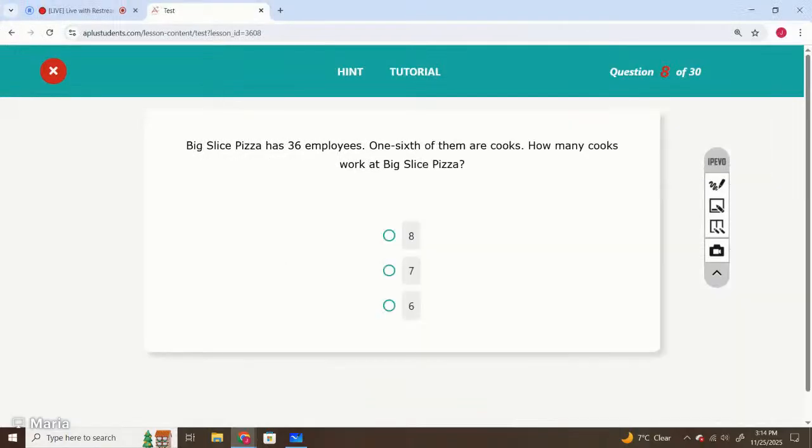Big Slice Pizza has 36 employees. One sixth of them are cooks. How many cooks work at Big Slice Pizza?